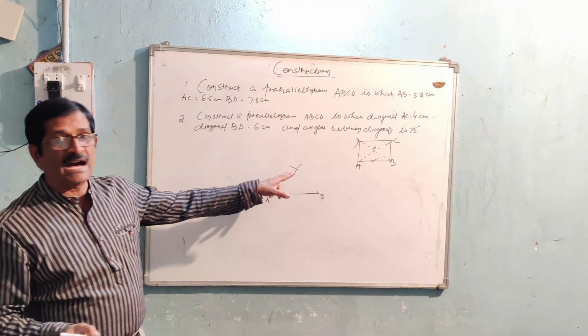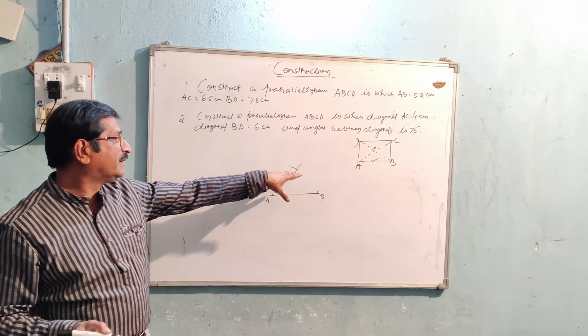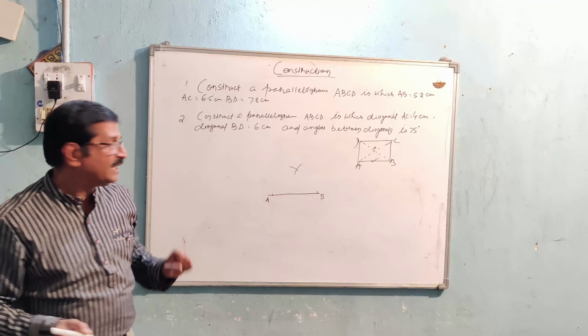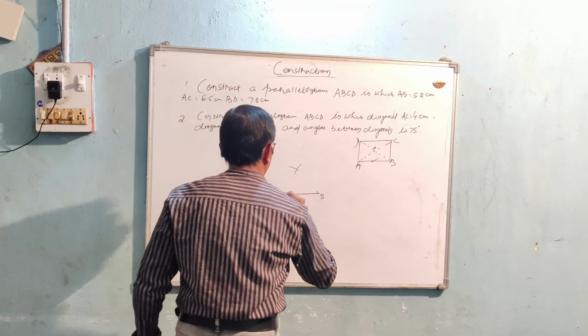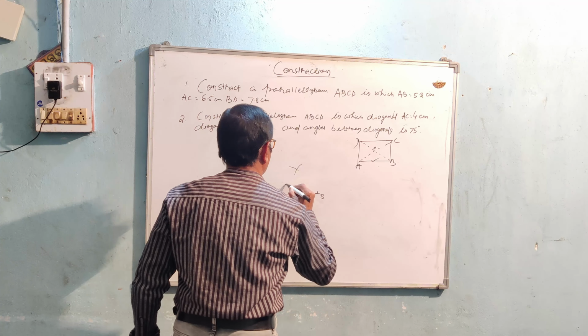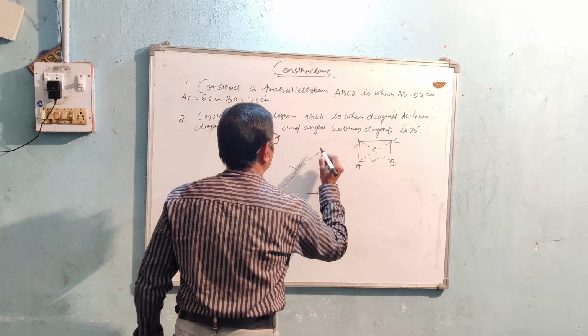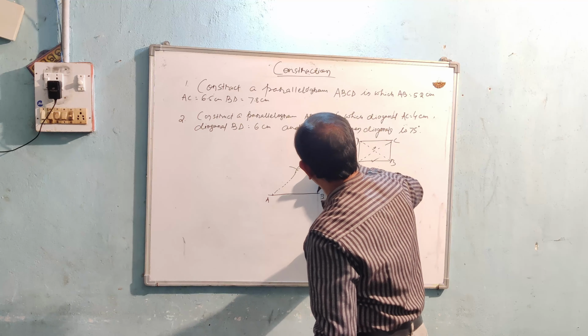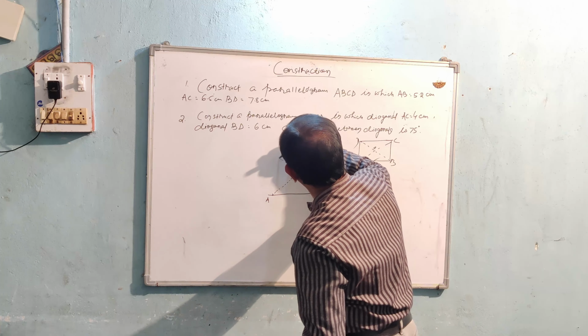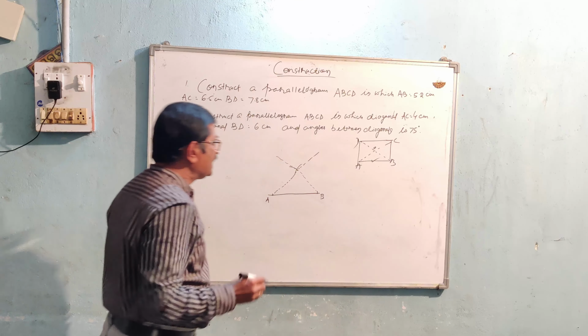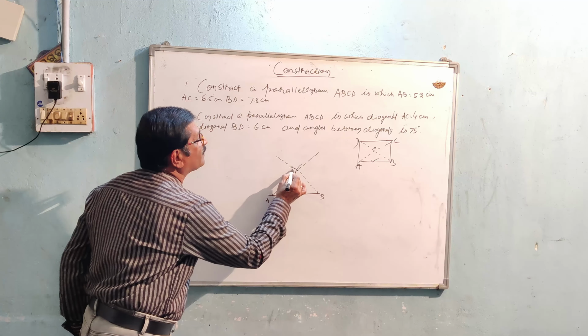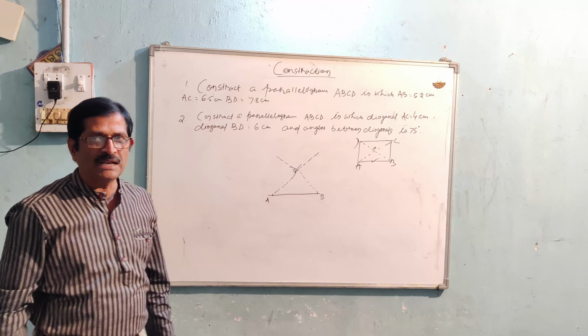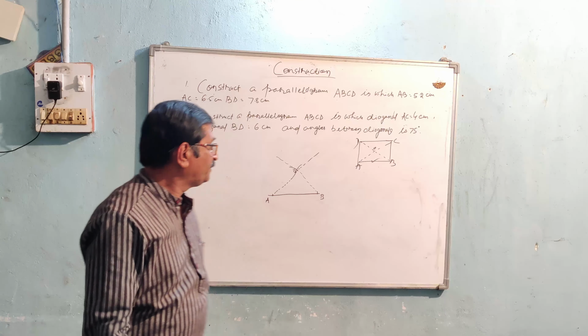Both the arcs will meet each other at this point, and thereafter you first join it and produce this one, and here also you produce this one. Now at this point the diagonals have bisected each other.